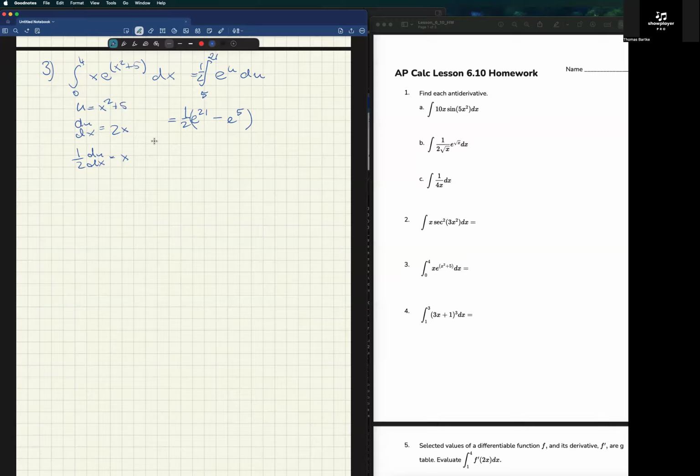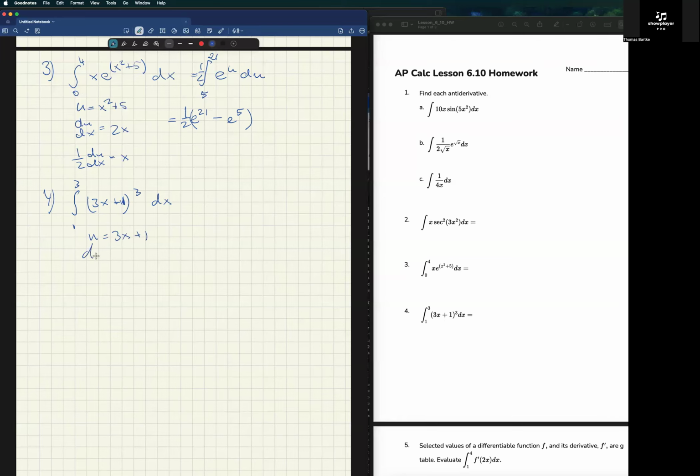Okay, for another definite integral, from 1 to 3, we have (3x plus 1) to the 3rd power dx. Let's put u equal to 3x plus 1.